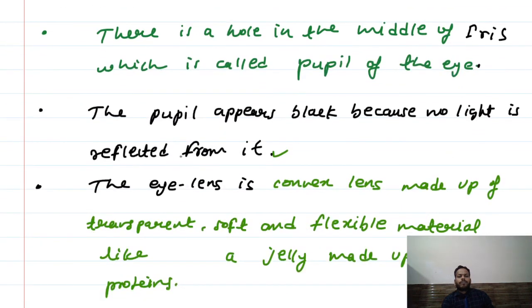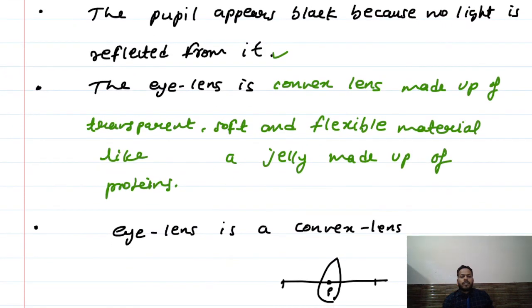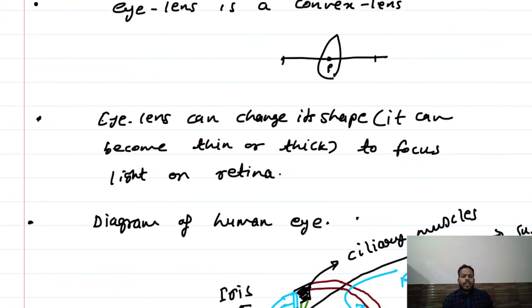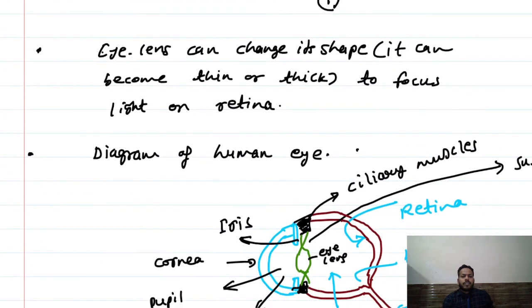And the pupil appears black because no light is reflected from it, and the eye lens is a convex lens made up of transparent, soft, and flexible material like jelly made up of protein, and eye lens can change its shape. It can become thin or thick to focus light on retina.